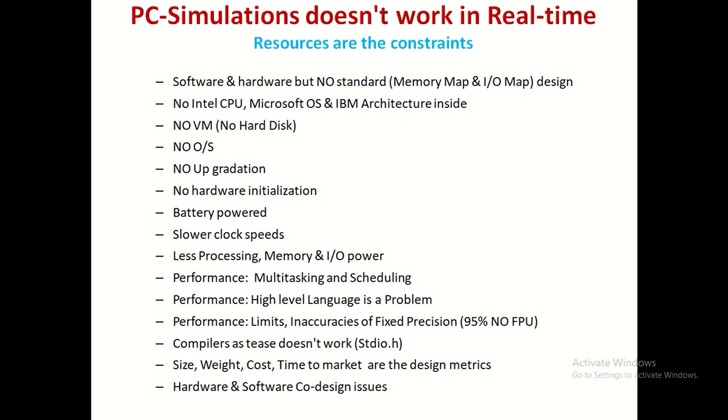However, when I am talking about a system which is a product, which is a hardware in real time, the resources are the biggest constraints. So due to that, the simulated programs as they are don't work in an application specific system.